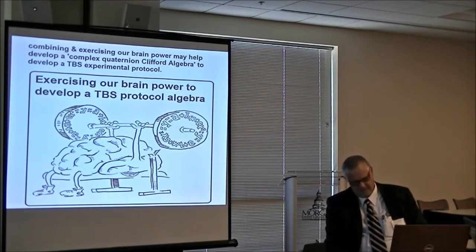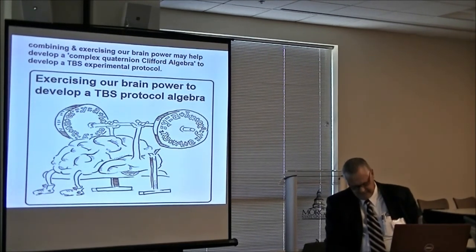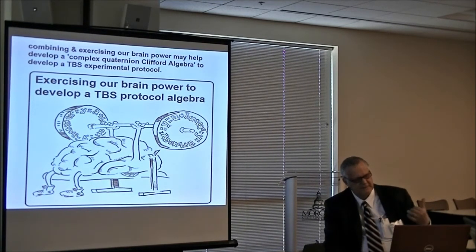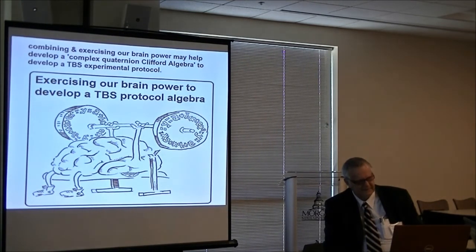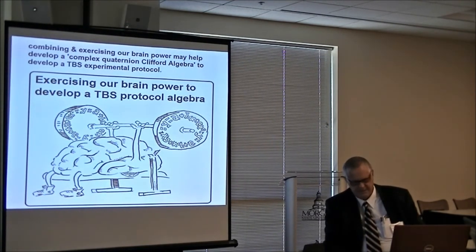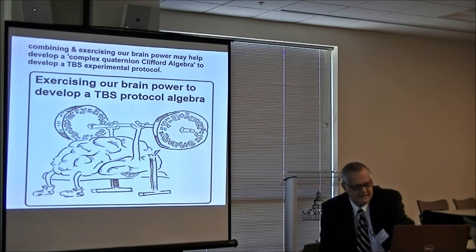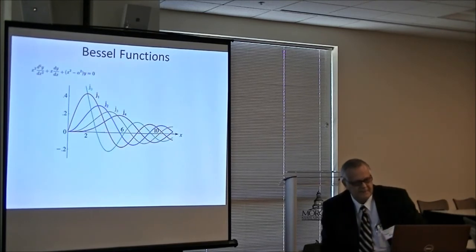About a couple of months ago, I thought the topic of this colloquium would be to find the algebra. And I was wondrously surprised when I started reading through Peter's lectures and found the complex quaternion Clifford algebra, which is key, which is the algebra that we can develop to use.